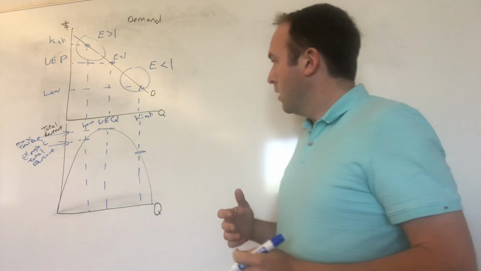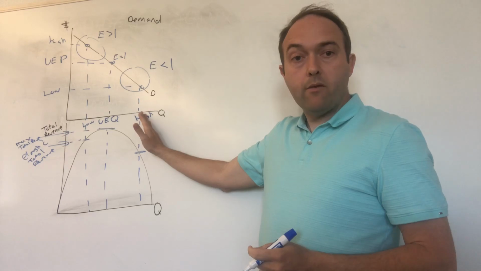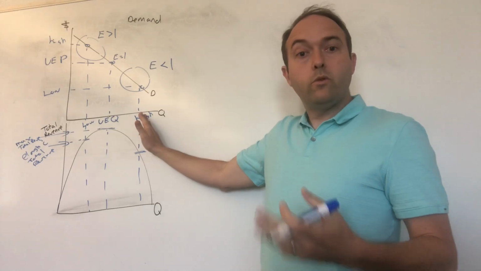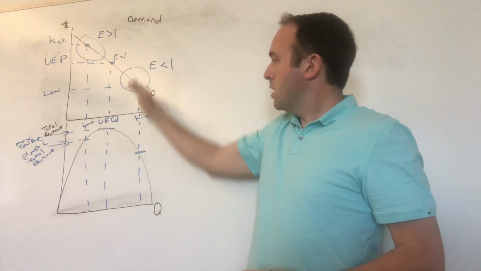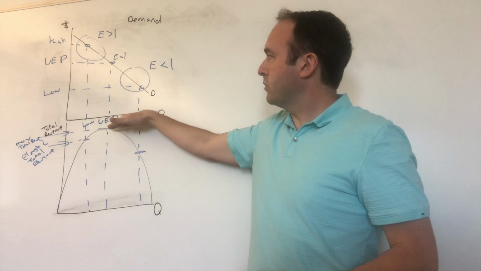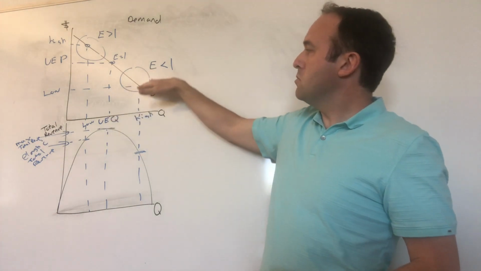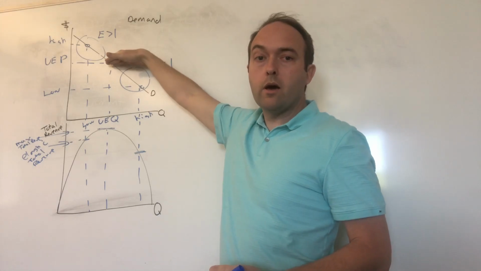In that scenario, the firm operating somewhere down here with a low price and a really high number of customers would see their revenues increase if they were to raise their price a little bit, knowing they would lose a few customers. Their revenue would start to increase as they moved their price closer up to that unit elastic price.